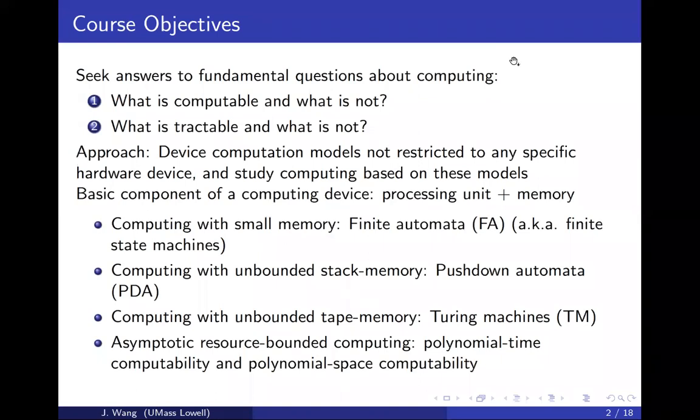Okay, so what we are going to do is to seek answers to fundamental questions about computing. In particular, we want to know what is computable and what is not computable.